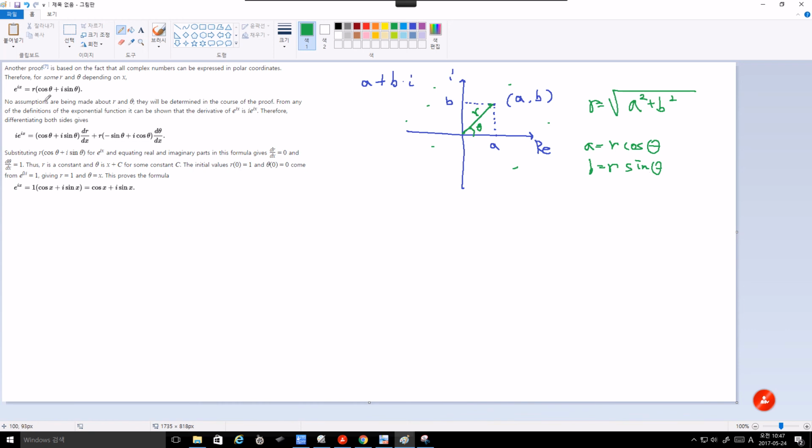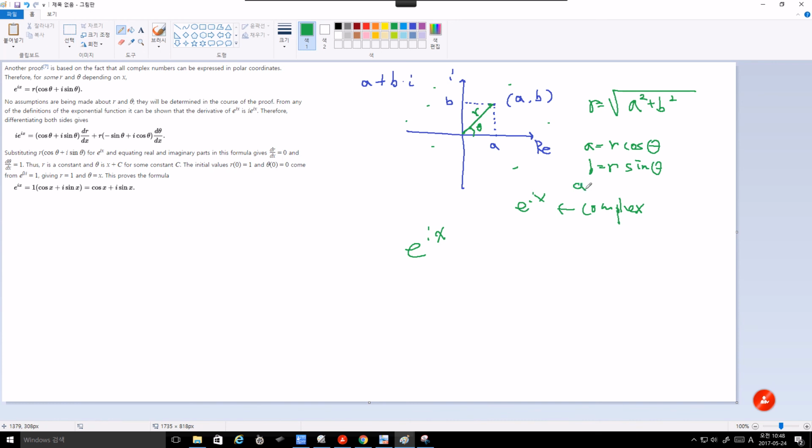Because e^(ix) is a complex number, there must be a way to write it in this form.